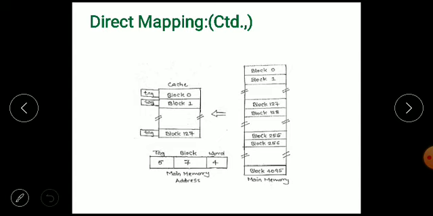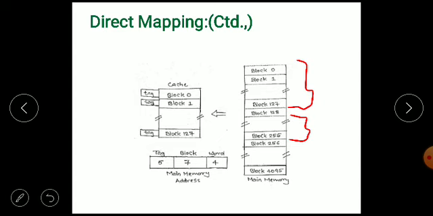So 32 pages means the first page will contain block 0 to block 127, and the second page will contain block 128 to block 255, right? So each page will contain 128 blocks, right?